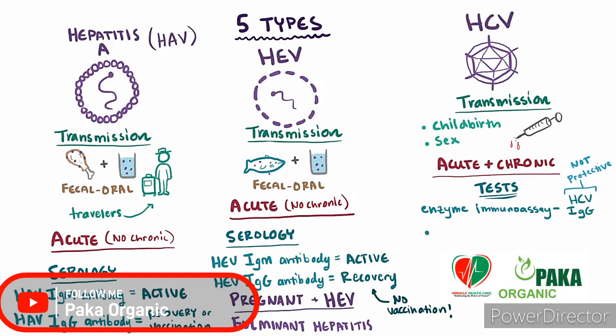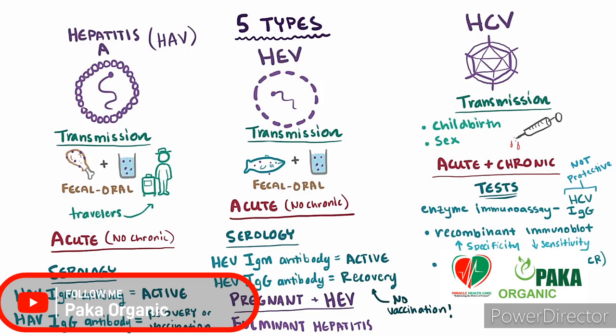To get more specific confirmation, you might use recombinant immunoblot assay, which helps confirm HCV. It's more specific, but less sensitive than the immunoassay. Clinically, recombinant immunoblot assay doesn't provide much usefulness, and actually needs an additional supplemental test if it's positive. That being said, the gold standard for HCV diagnosis is an HCV RNA test, using PCR, or polymerase chain reaction.